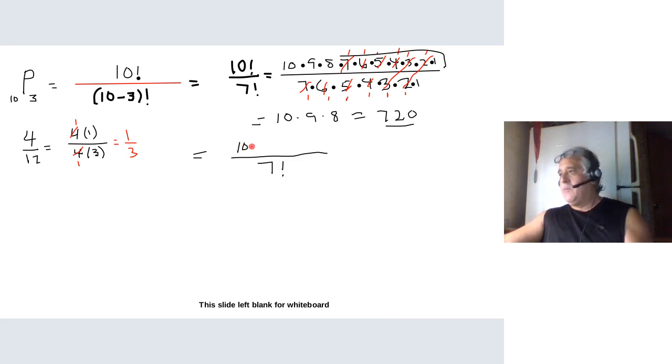So I'm just going to go down 10 times 9 times 8 times 7 factorial. And then I can just take it all out there now. That's 1. And all I've got left is the 10 times 9 times 8. Same thing.